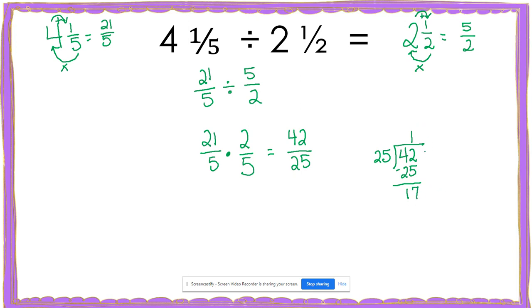So to write this as a mixed number, I start with my whole number of 1, and then my numerator of 17 over my denominator of 25. Now I need to check this: 17 is a prime number, so it will not share any factors with 25. So my solution is going to be 1 and 17/25.